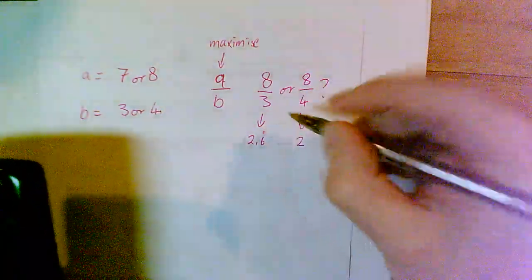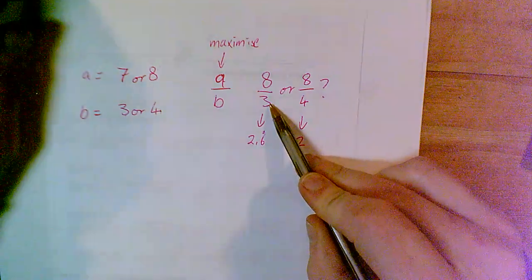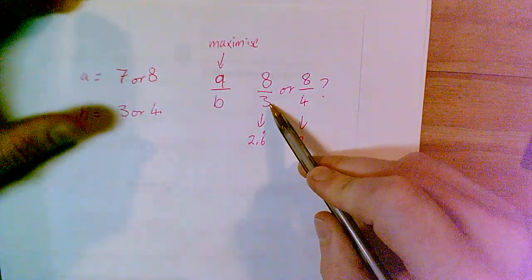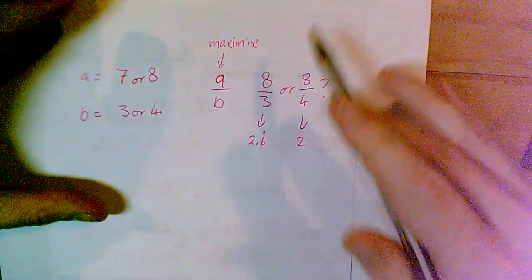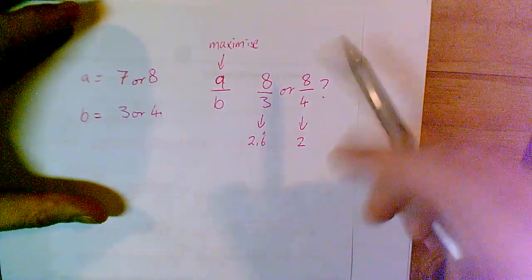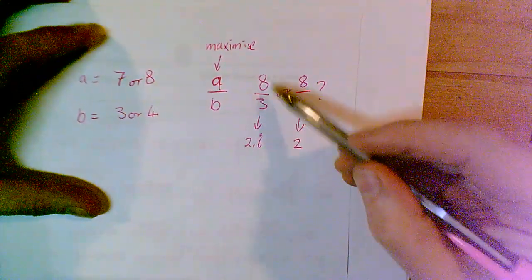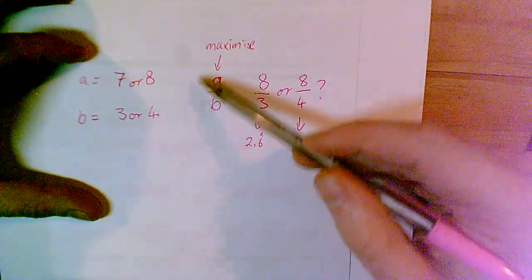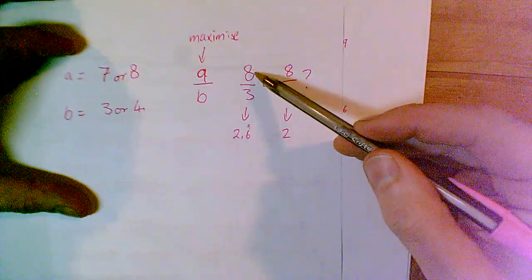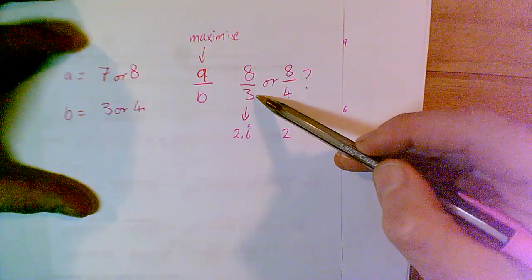You get a bigger answer with a smaller denominator. Sort of makes sense when you think about it. If you're dividing things up into as many piles as possible, you divide it into small piles. But at the risk of confusing you, the important thing is, if you want to maximise a fraction, you want the highest numerator possible and the lowest denominator possible.